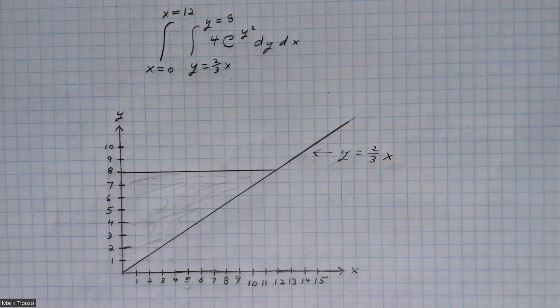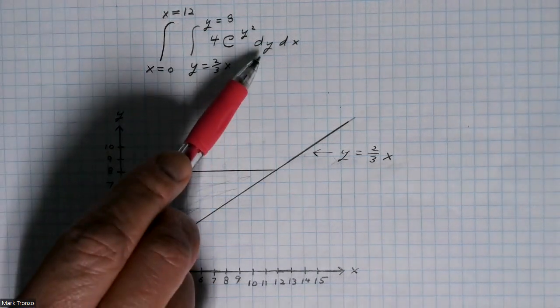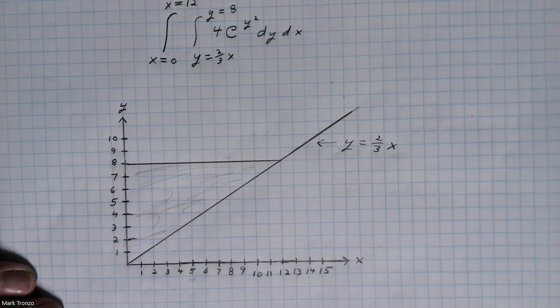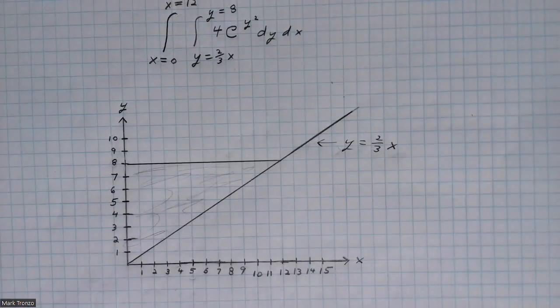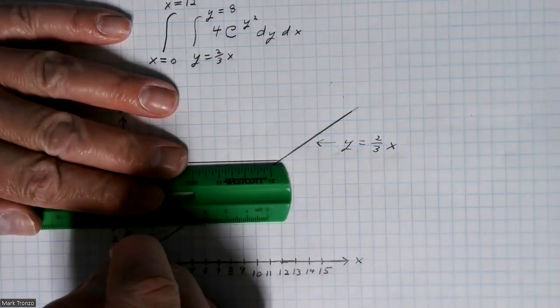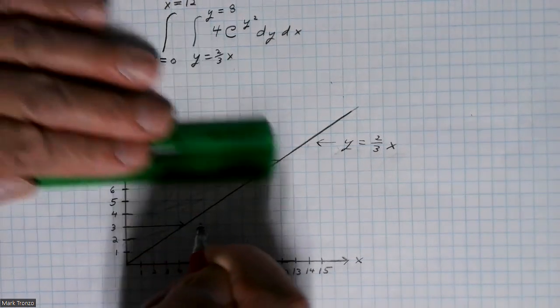But we're going to change the order. You can see from this one, it was integrated with respect to y first. We're going to integrate with respect to x first. Always remember, when you're integrating with respect to a particular variable in a double integral, say x first, put arrows in your region pointing in the positive x direction.